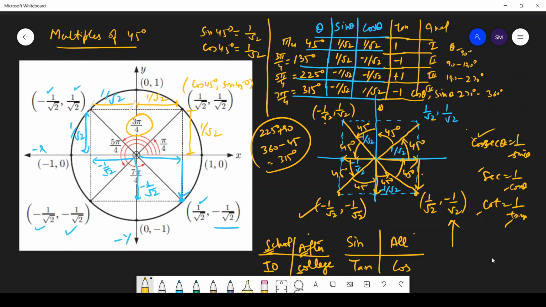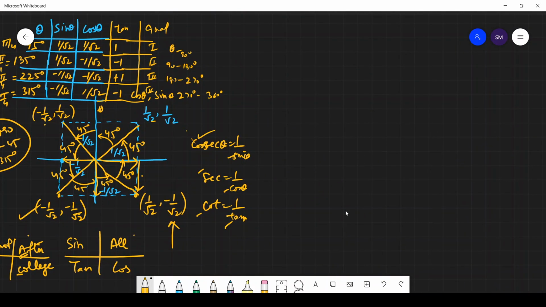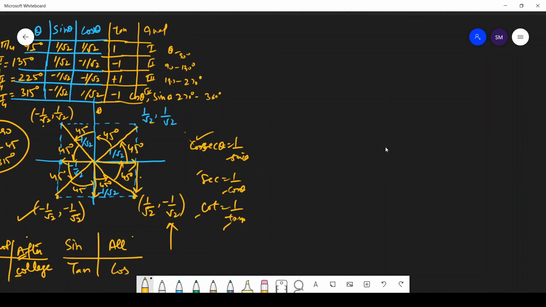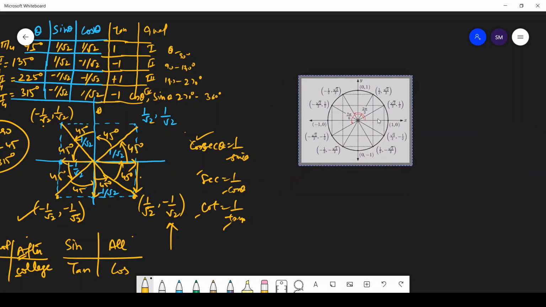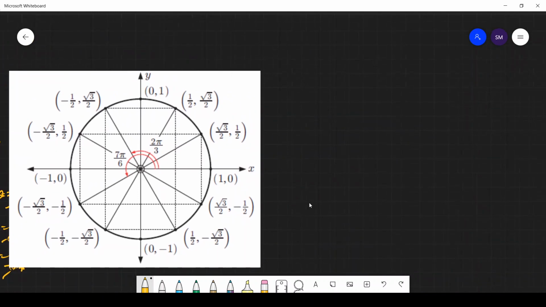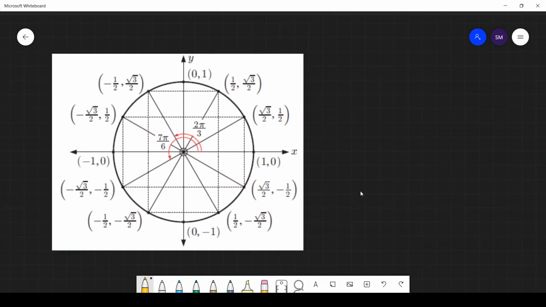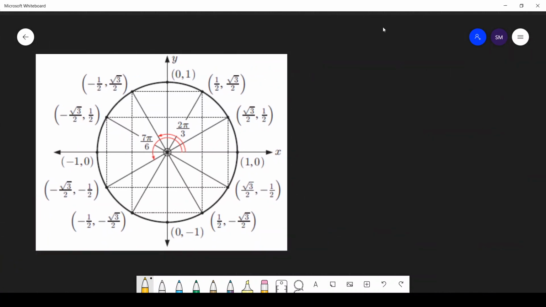Now similarly, we can plot the values for the multiples of 30 degree and 60 degree also. Now look here.